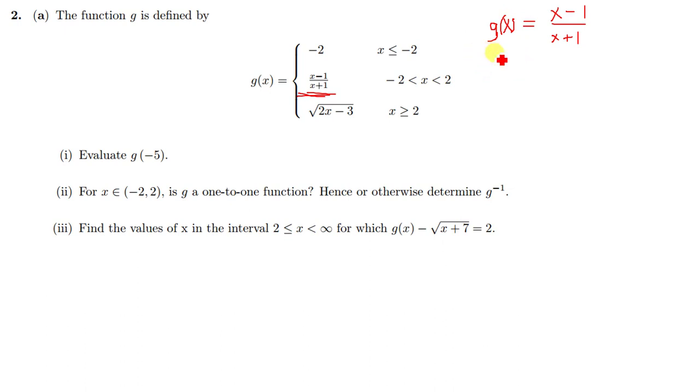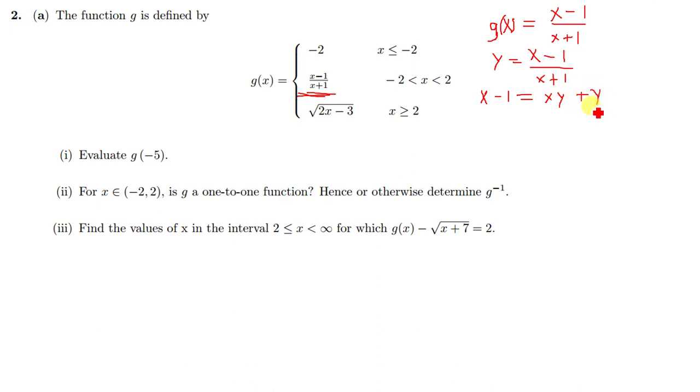So you say let y be equal to x minus 1 over x plus 1. So from there you cross multiply, meaning you are going to have x minus 1 being equal to x times y. There you get xy, y times 1, you get y.